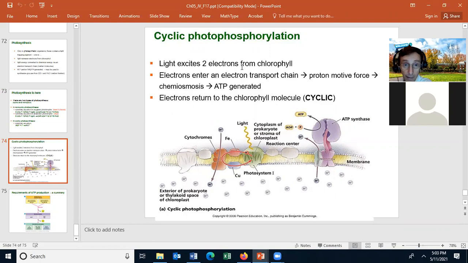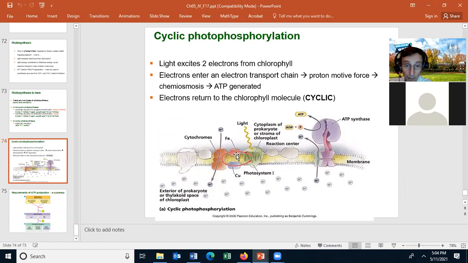photophosphorylation. Light starts the process, and the light hits the electrons in chlorophyll, and the chlorophyll is in the protein, photosystem 1. The light energy gets absorbed by the electrons, and that excites the electrons, and then they move.